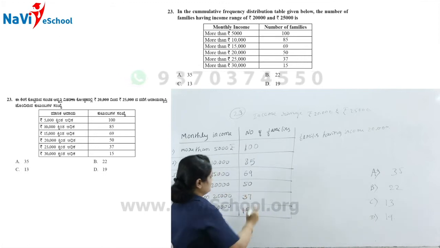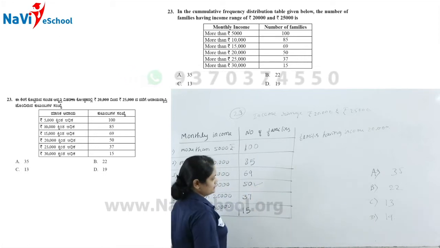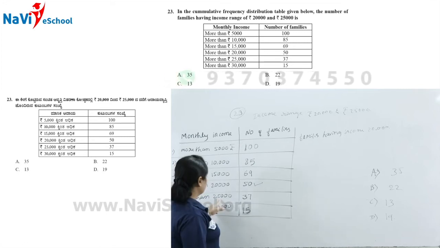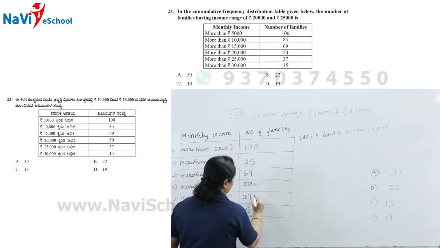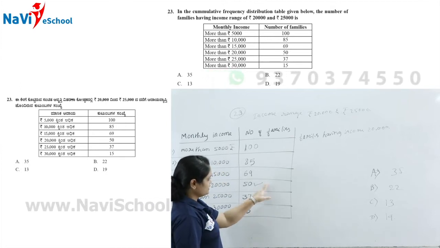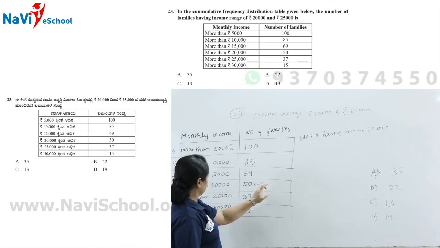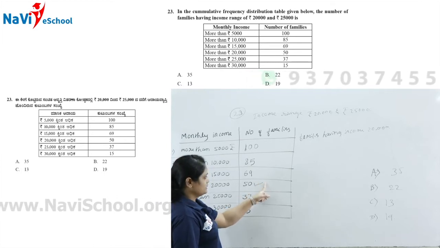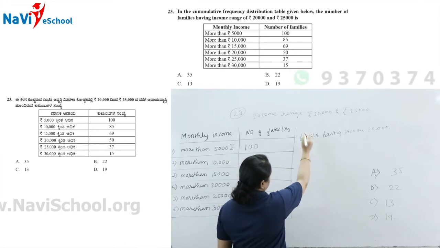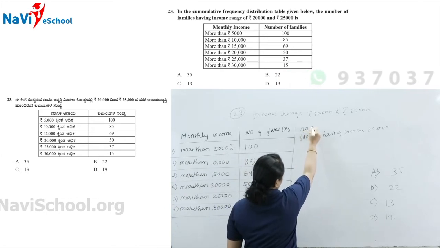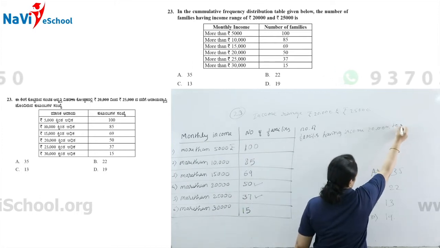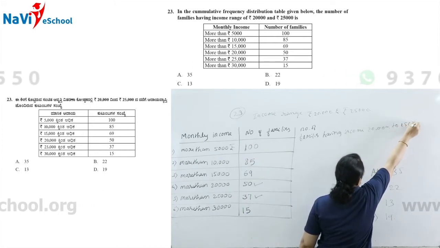20,000 means this one we have to take, and families having income more than 25,000 means this one we have to take. If you subtract from this number to this number, you will get the number of families having income 20,000 to 25,000.